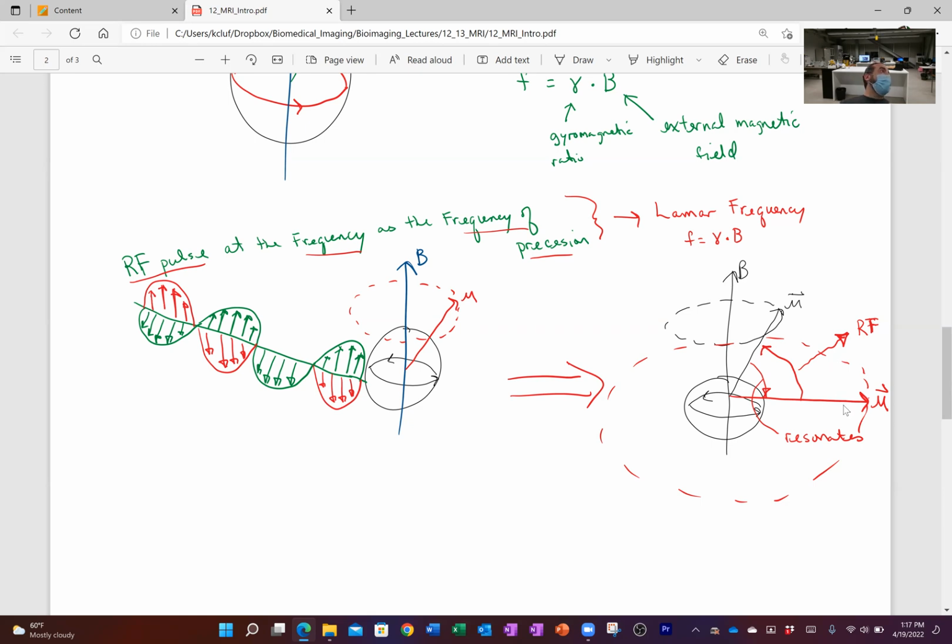But the way they're bound together with different tissue will have different relaxation times. And this gives rise to contrast. Okay. So as it snaps back and realigns to the external B field, it releases that RF energy, and we can detect it. And this is how we can measure different things in MRI.